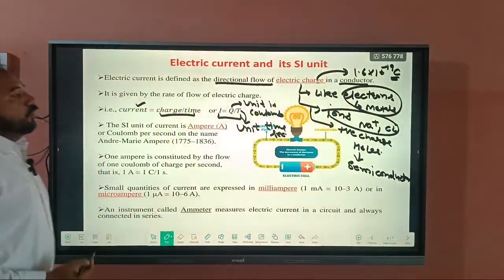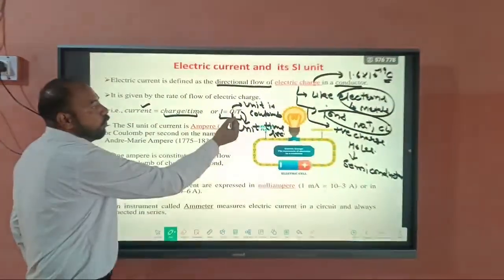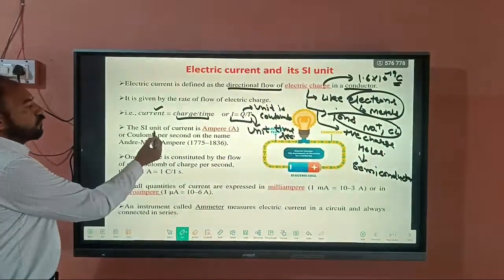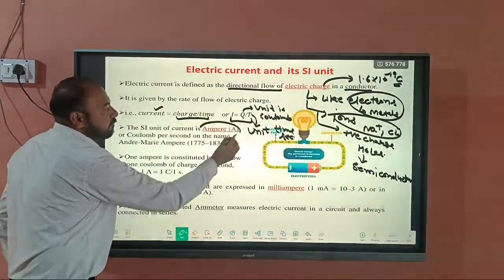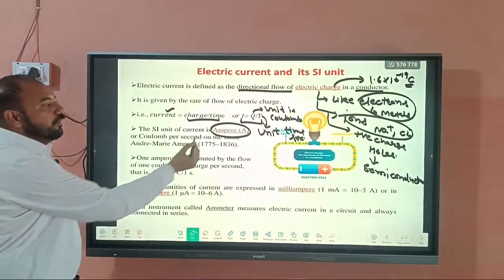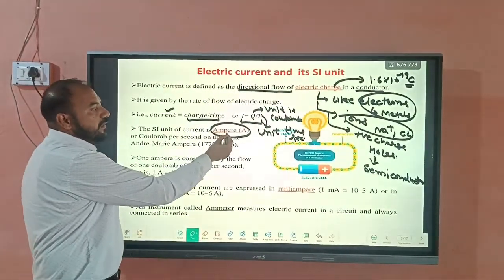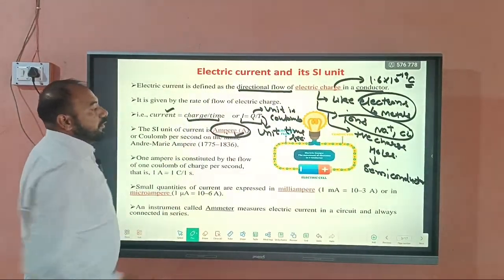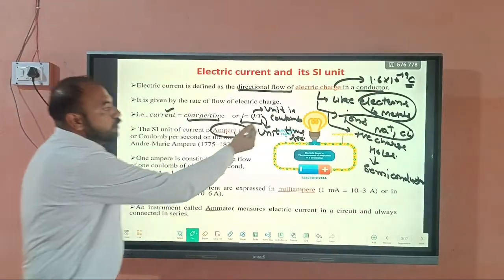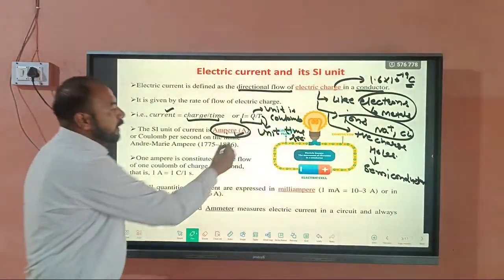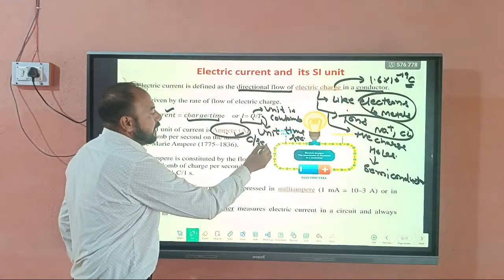So I = Q/T, which is coulomb per second. This coulomb per second is known as ampere. This unit is named after a scientist.